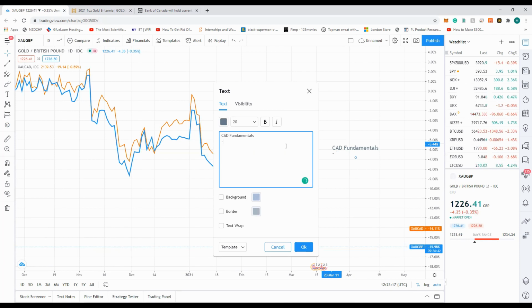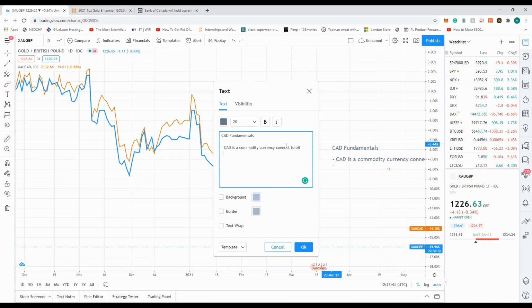So key points to remember about the Canadian dollar. The Canadian dollar has low interest rates. They're keeping to a quantitative easing program temporarily, which is good. But the key thing here is what it's attached to. The CAD is a commodity currency connected to oil.